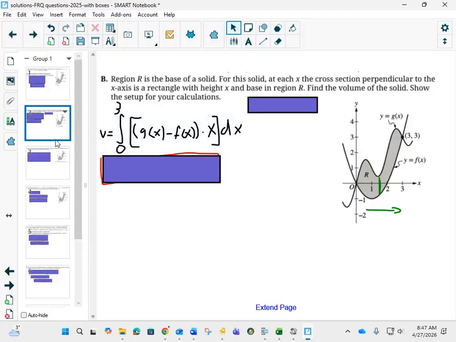Again, we're going to go from 0 to 3. I'm going to color code that. I have a rectangle. I'm going to put green brackets there. That's my length, or the base of my rectangle. It told me the height was x, so you see I multiplied by another x there.